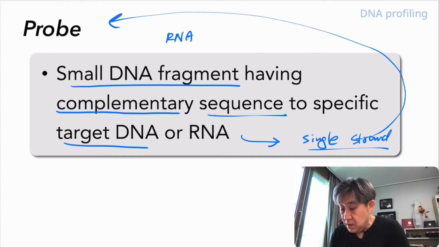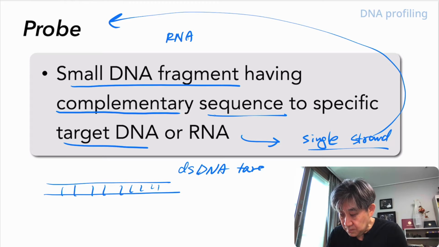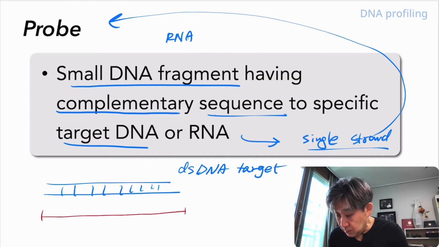So in other words, let's say you have this target DNA, double-stranded, usually described as a DS, double-stranded DNA target. And to generate a probe which is specific to this double-stranded DNA target, your probe DNA doesn't have to be the same length as the target.